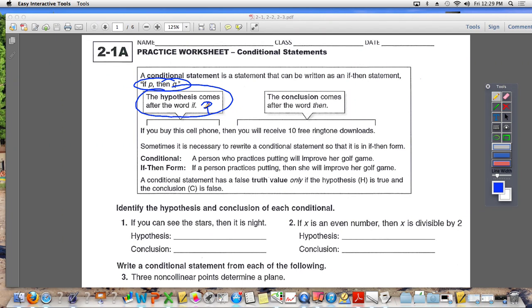So if P, if the hypothesis is true, the conclusion comes after the word then. That's the part that we call the Q. It's almost like a variable that represents not just a number, it represents the beginning of a sentence.